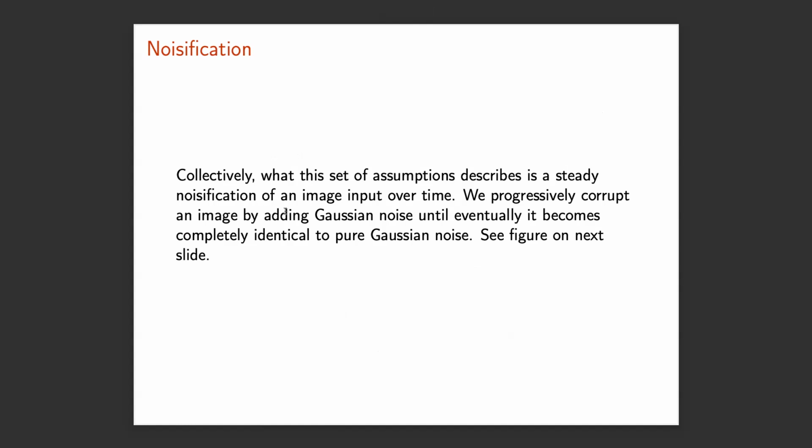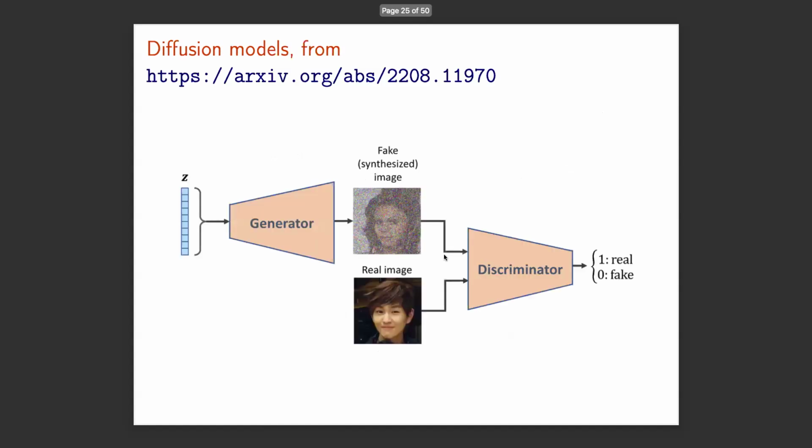You progressively corrupt the image by adding Gaussian noise until eventually it becomes completely identical to pure Gaussian noise. This is the kind of process which one is thinking of here. And if you want to read a little bit more, this article by Luo is actually a very good read.